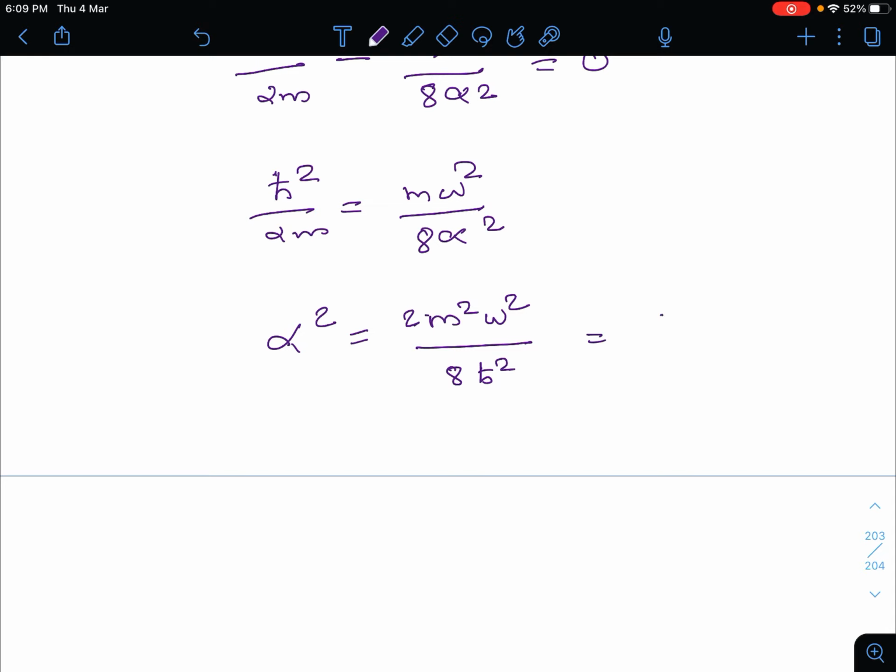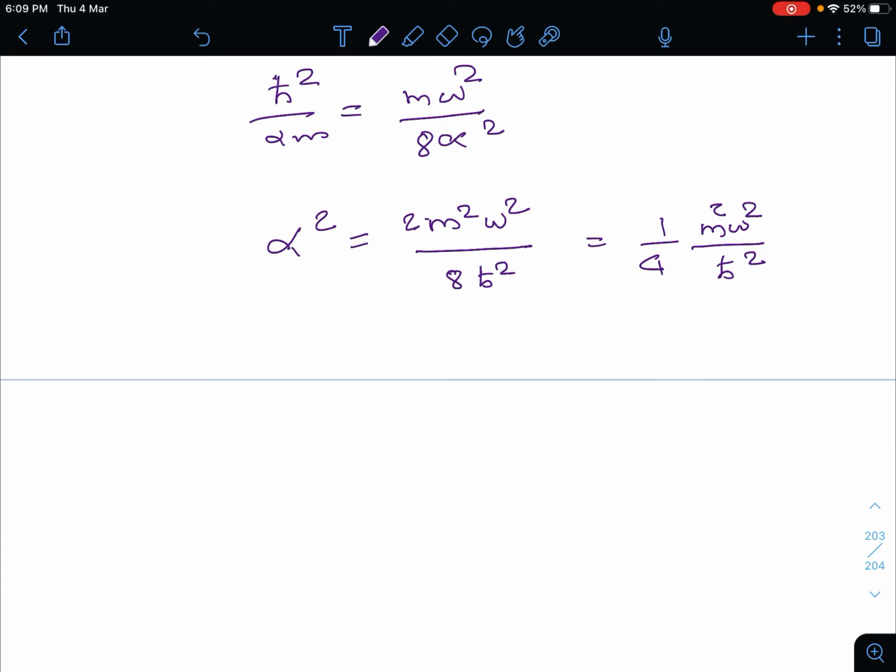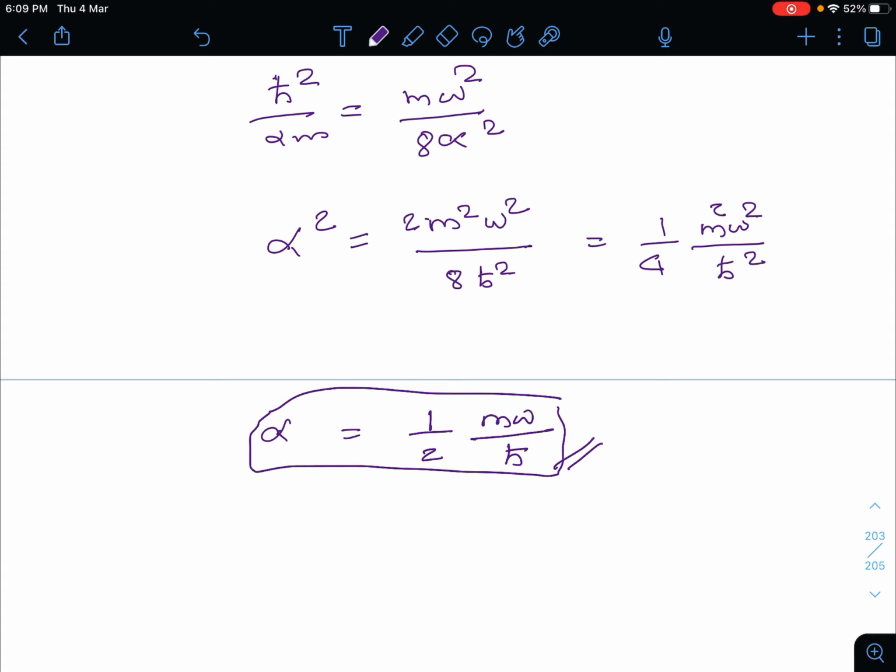That means 1 by 4 m square omega square by h cross square, or alpha is equal to 1 by 2 m omega by h cross. Good. So we got a value for alpha. This is the alpha for which the expectation value of Hamiltonian will be a minimum.